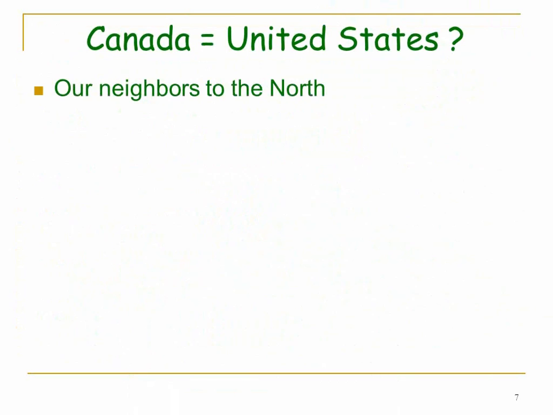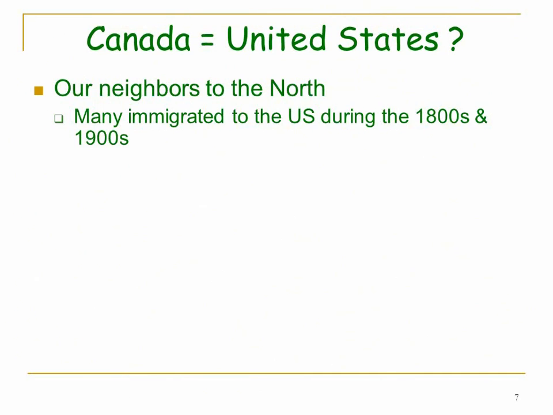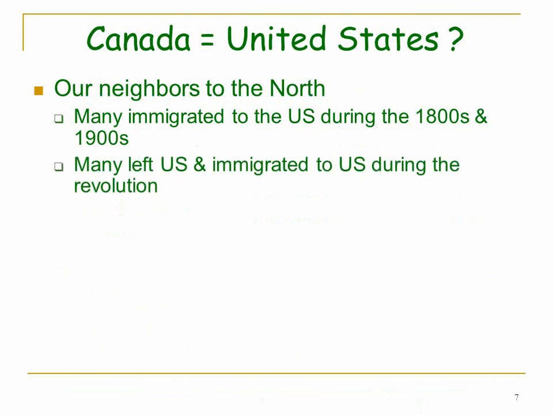Now, a lot of people confuse Canada with the United States, as they think, well, they're right there. They are our neighbors to the north, and many individuals immigrated from Canada to the United States during the 1800s and the 1900s. They also immigrated during the Revolution.